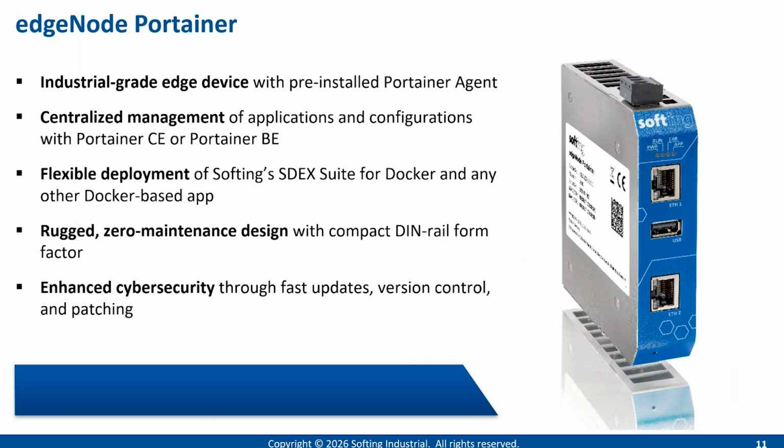It's a pre-installation, so it's a step to further simplify, let's say, the rollout, the first steps, creating here industrial edge, a bigger IoT solution. And we want to make it possible here with Edge Node Portainer. As said, it's hardware plus a pre-installed Portainer agent. Of course, when we sell, we expect it to be used always in combination with our SDEX Suite.